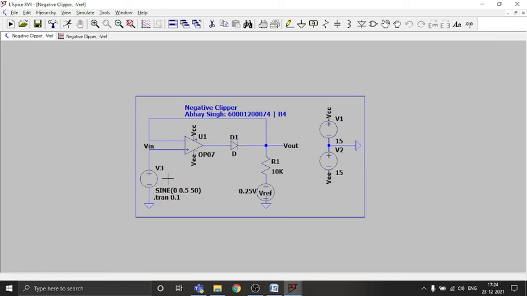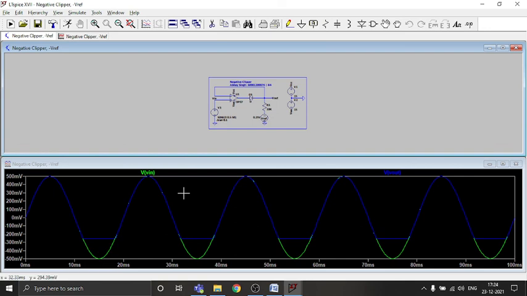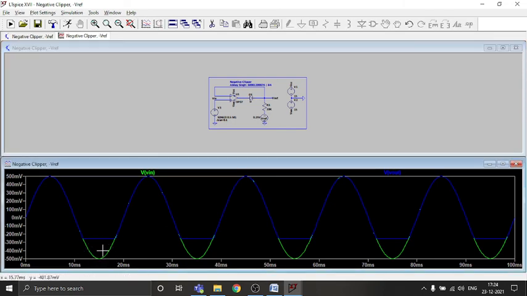It means the clipping is done according to the voltage we are applying to V in and Vref. After the simulation we are getting the output like this. It is clipping this part of the circuit. The negative half cycles are clipped and given to the output.